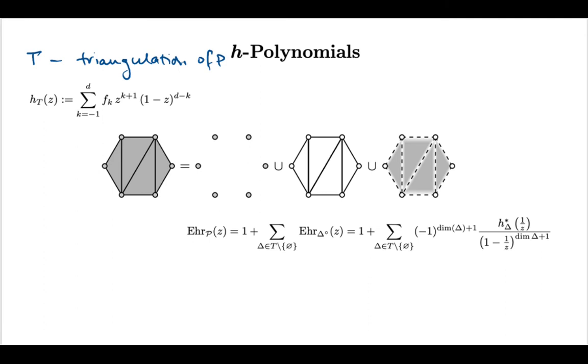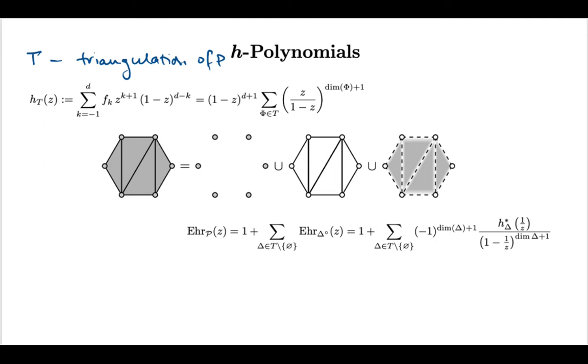Here it is. For the Ehrhart series, I'm plugging in 1 over z. And so you can see the h star polynomials of each simplex appearing here. And now I will use a rewrite of the h polynomial. Here it is.